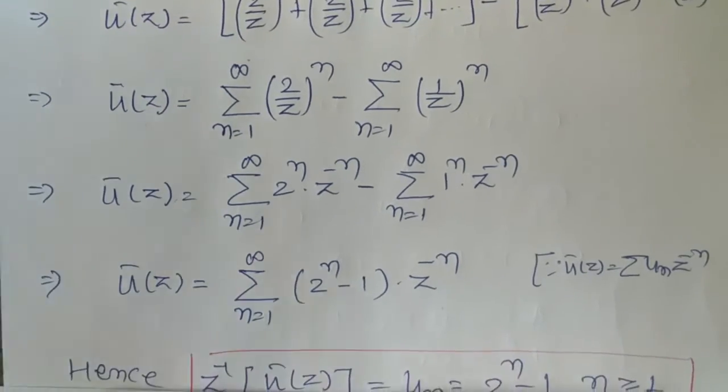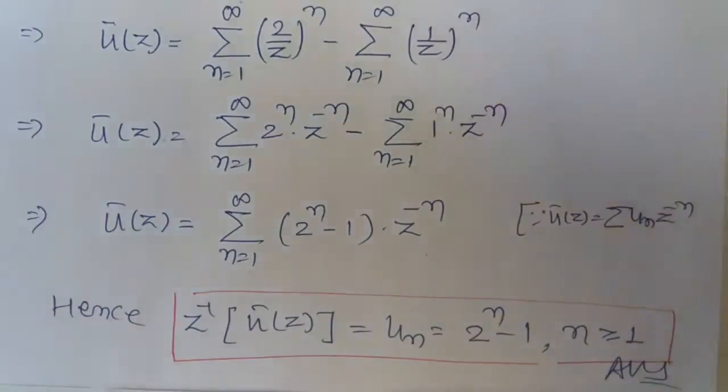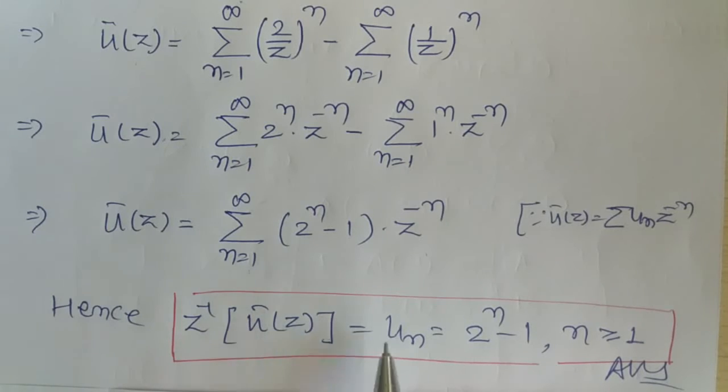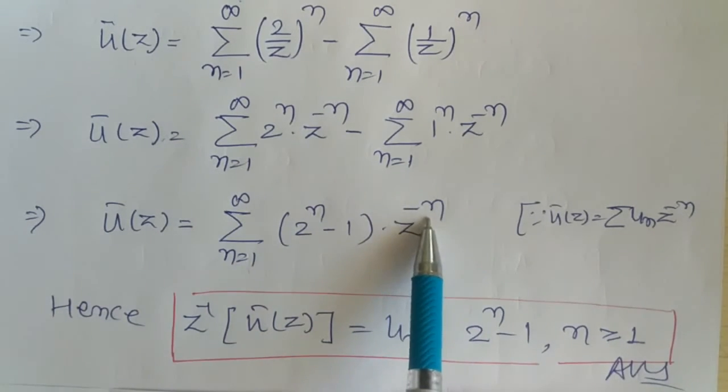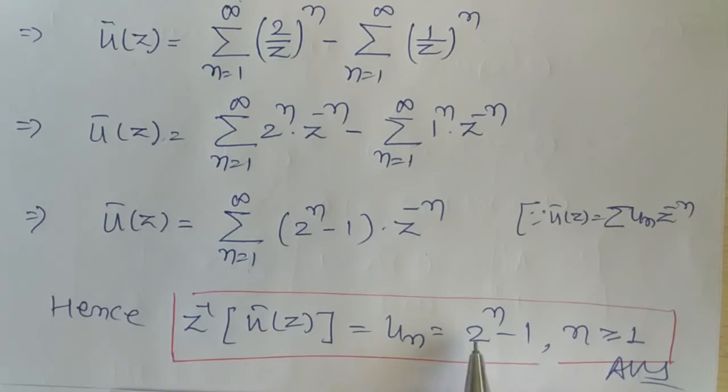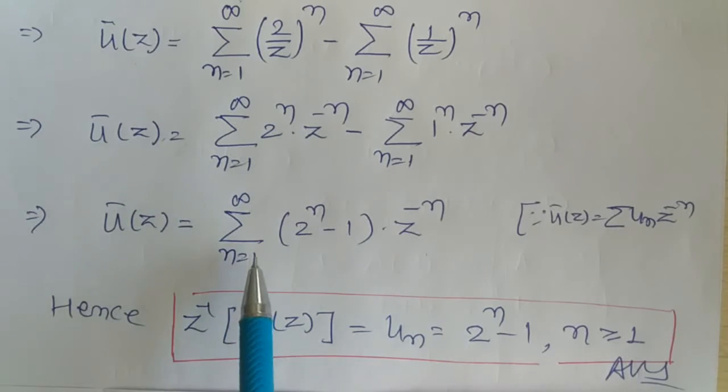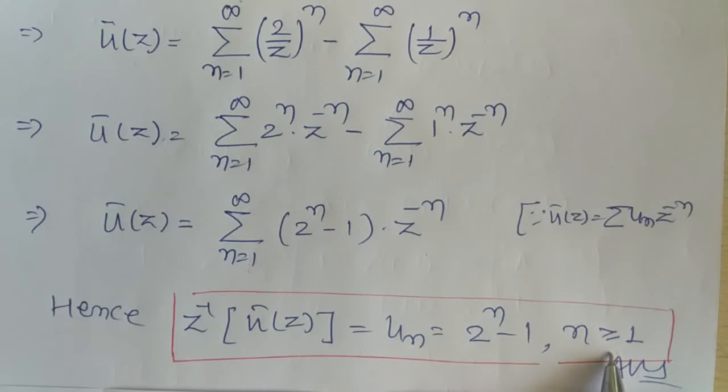So un, the inverse z transform of u bar z, is the coefficient of z power minus n, which is 2 power n minus 1 for n greater than or equal to 1, because n is varying from 1 to infinite. So this is the required inverse z transform of the given u bar z using the partial fraction method.